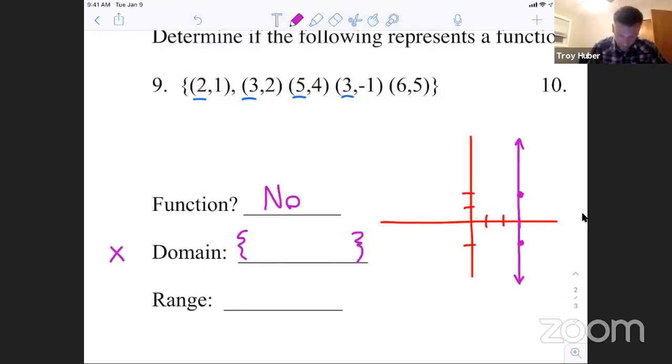So I have 2, 3, 5, 6. Those are all of my X values. Now my range is all my Y values. So that would be negative 1, 1, 2, 4, 5.